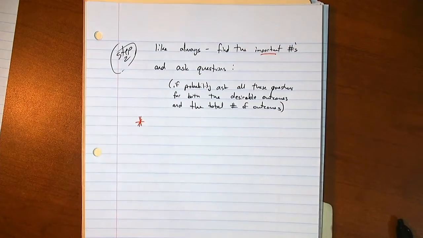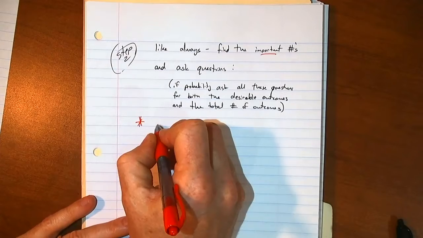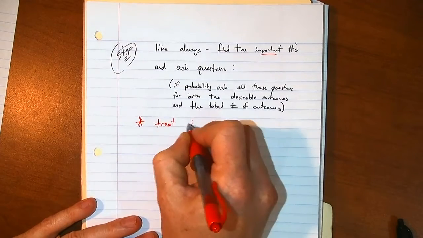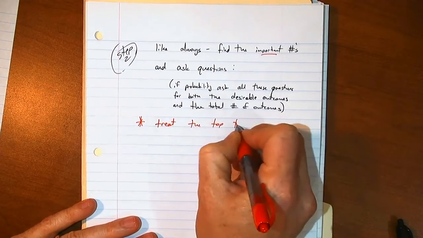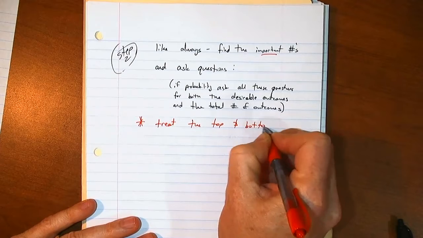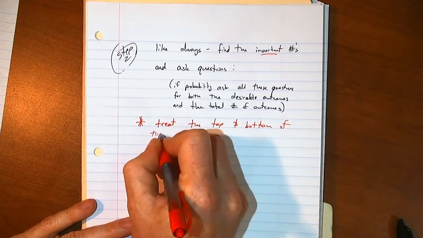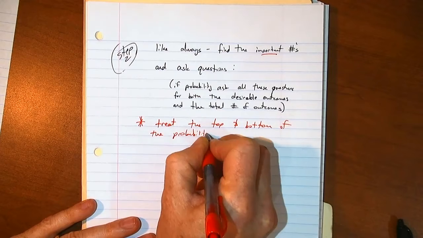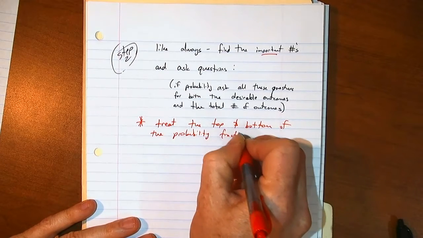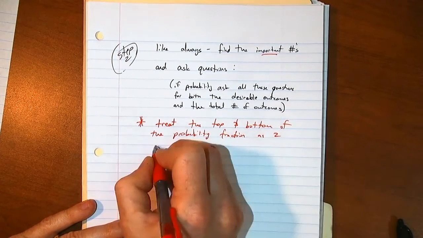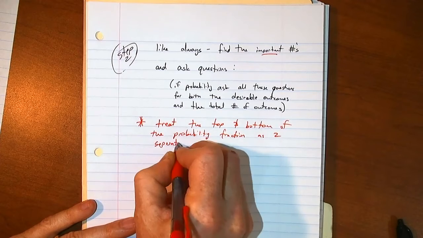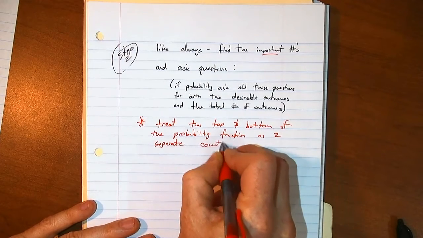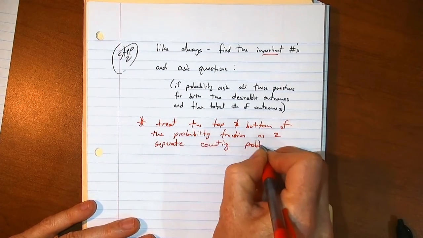When I say we're going to ask all these questions about both the top of our fraction and the bottom of the fraction, in other words, we treat the top and bottom of the probability fraction as two separate counting problems.